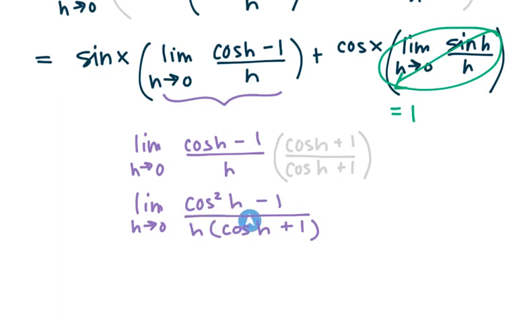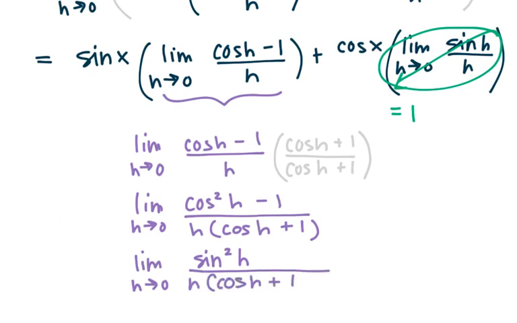If we look at our numerator here, we notice this is a Pythagorean identity. This is equal to sine squared h. So I'm going to write that. I now have the limit as h approaches 0 of sine squared h over h times cosine h plus 1.